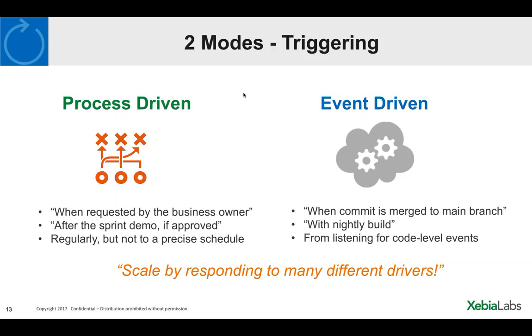These are regular processes that you still need to make repeatable, but they don't necessarily adhere to a precise schedule. There's no programmatic monitoring you can do for some system event that will create these processes, so lots of triggers happen from that sort of thing.